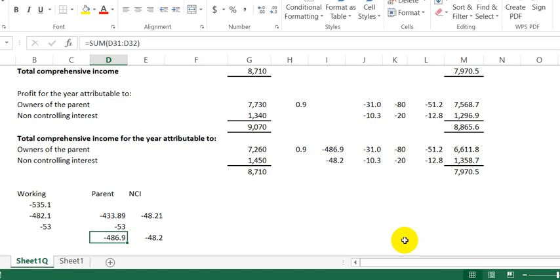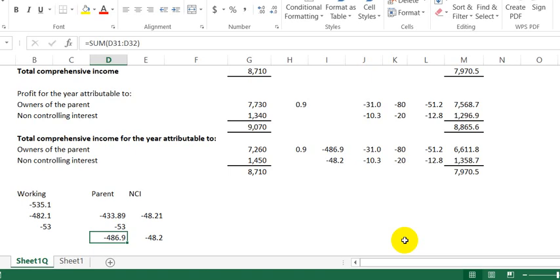So that concludes our first session on reviewing the format of spreadsheets. We've done the P&L. The next one we'll be looking at will be the statement of financial position.